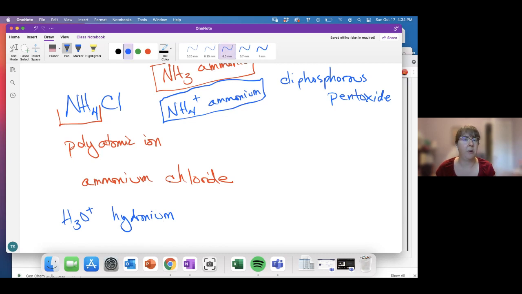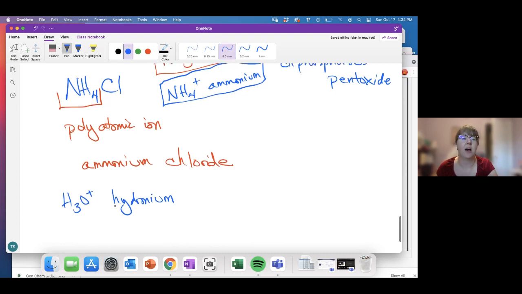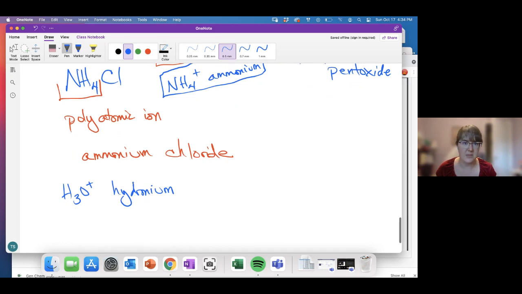So anytime we're dealing with polyatomic ions, this then is held together with ionic interactions, because going back to my ammonium chloride, that is then an NH4 plus with a Cl minus. So those two components are held together with ions. So this is actually an ionic compound.